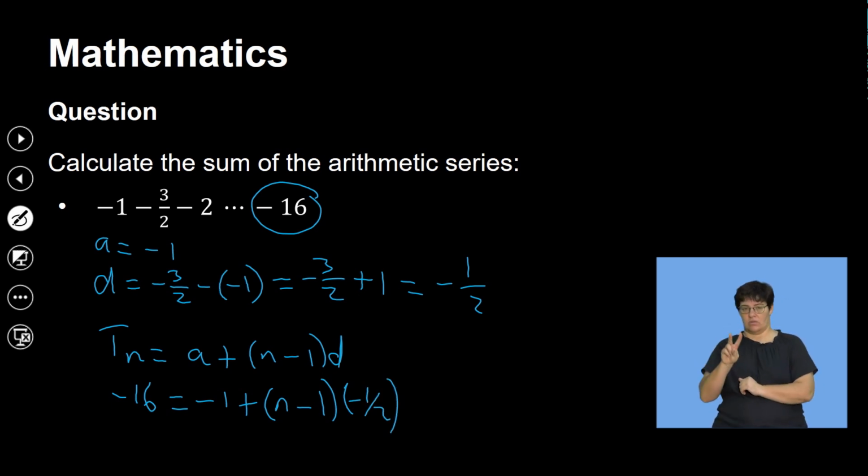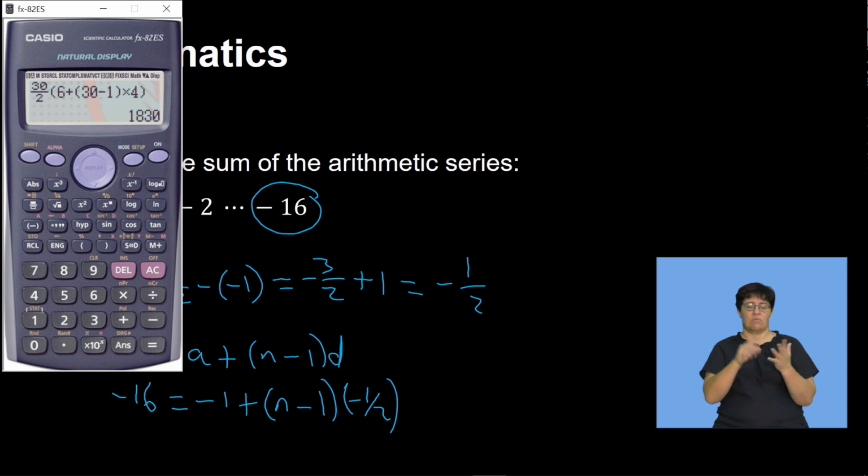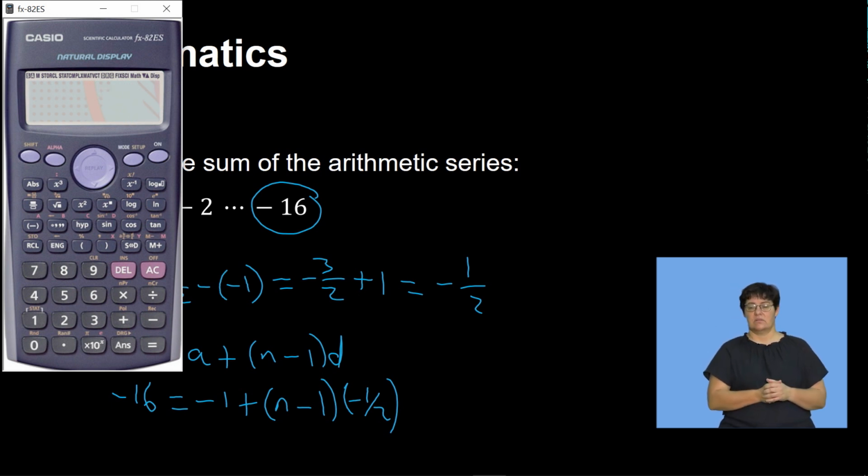So I'm just going to go to the calculator and do everything on the calculator. Firstly, it will be minus 16 plus the 1. I find what my answer is. I will divide this by negative, let me open brackets, by negative 0.5. And this will give me 30, and then I will add 1, which will give me, you can do it step by step.